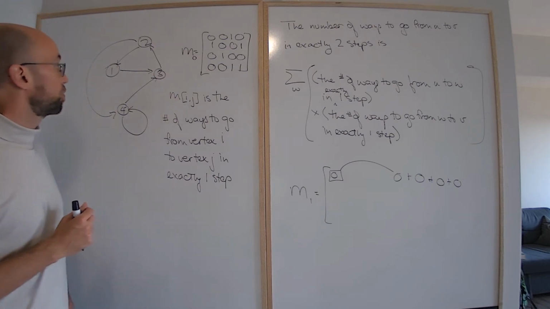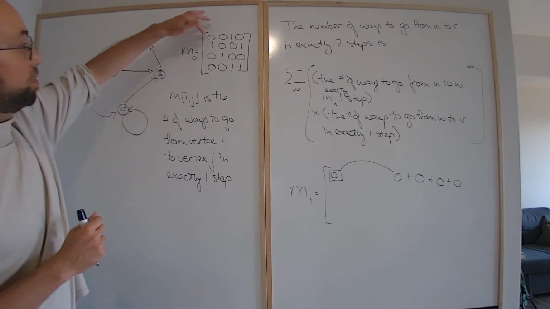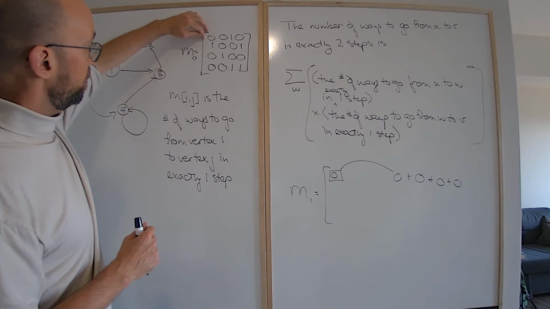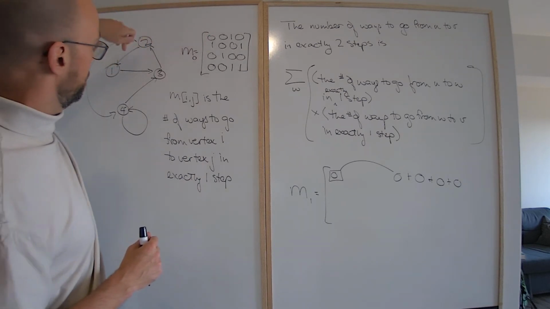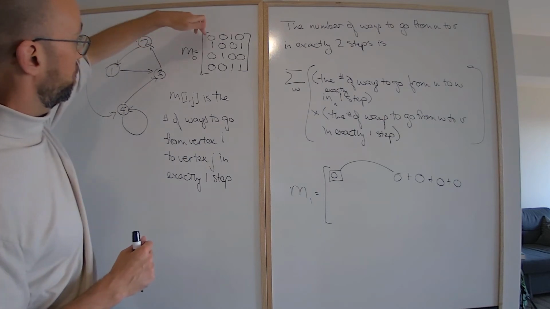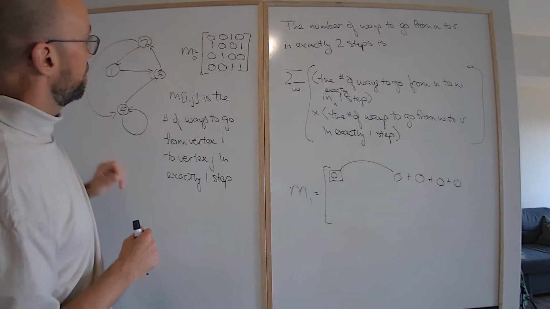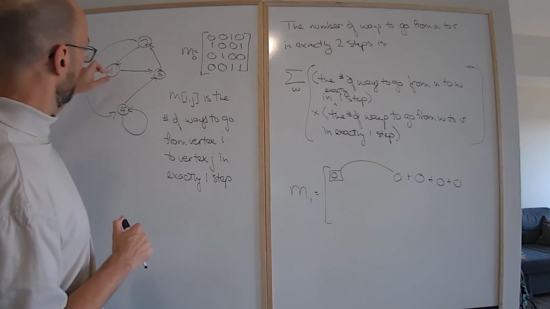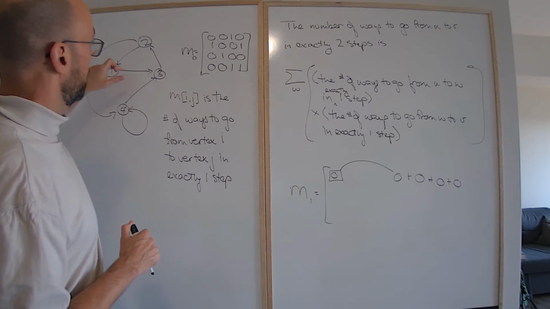What about to go from vertex 1 to vertex 2? Well, this is the number of ways to go from vertex 1 to vertex 1, which is 0, and then from vertex 1 to vertex 2, which is 0.